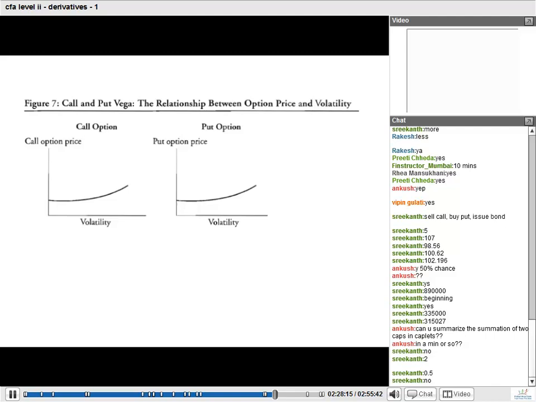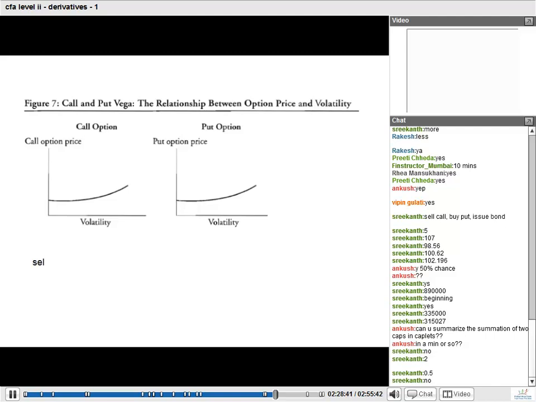As the volatility of the underlying stock price increases, the price of both call options as well as put options increases. So the more the volatility in the stock, can you all imagine, the more the probability of loss for the seller?